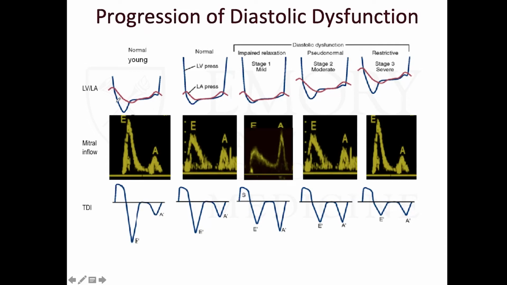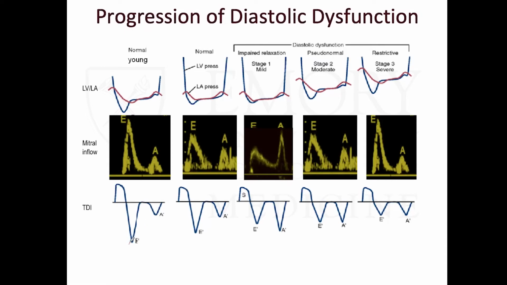And so we have a very vigorous E prime, and the left atrial pressure is nice and low. So you can see here the progression of diastolic dysfunction between young, healthy people, normal adults, and then the cascade of progression from stage 1, stage 2, stage 3, and 4 diastolic dysfunction.